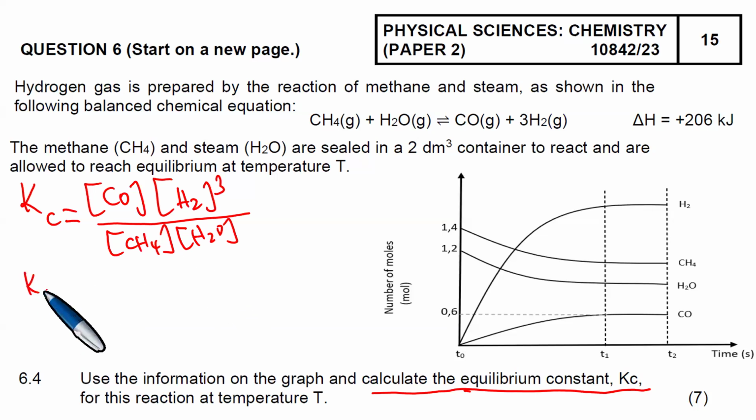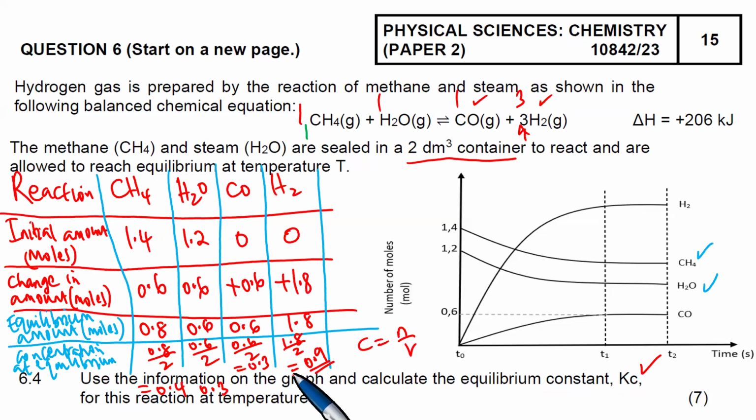Go back to the table. Read off the values. What is the equilibrium concentration of CO? The equilibrium concentration of carbon monoxide, you'll be able to see that is 0.3.